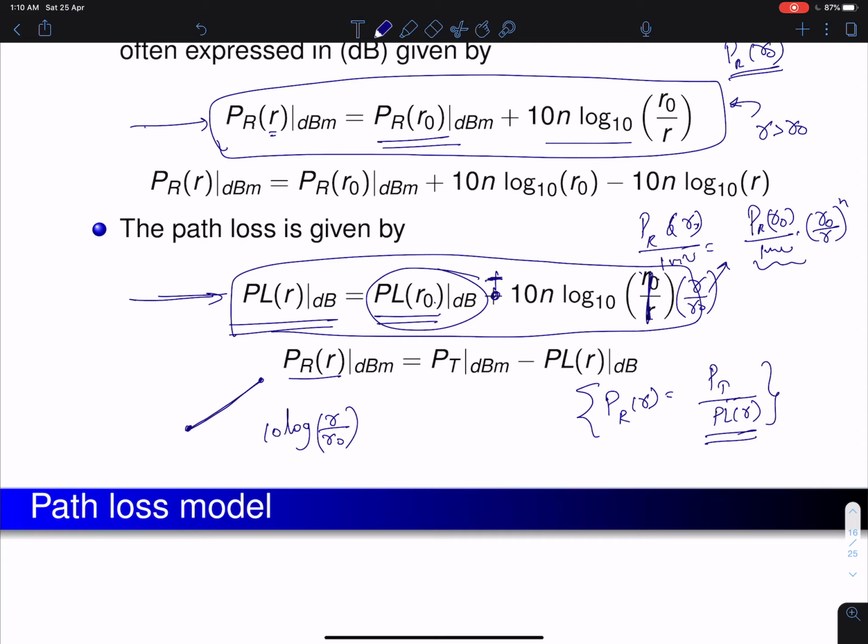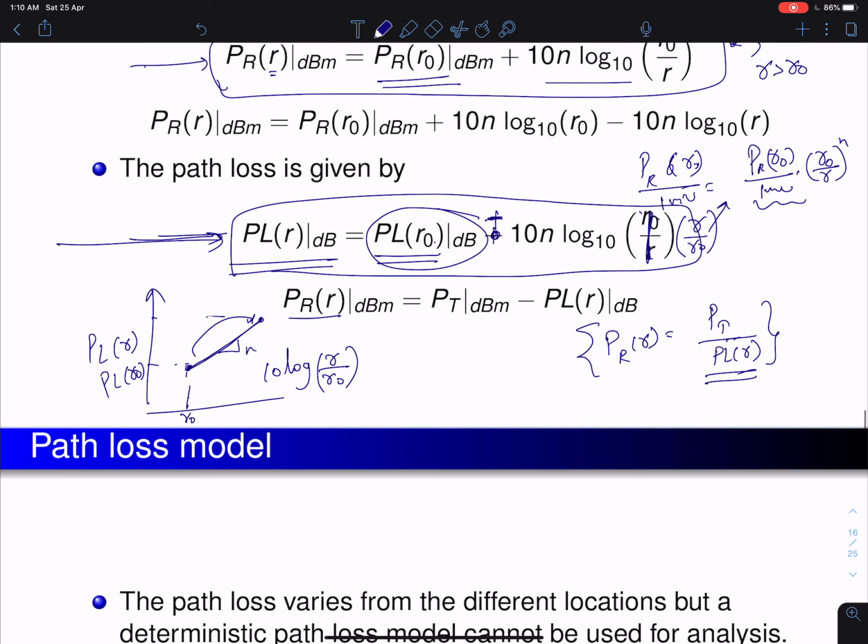I'm plotting path loss as a function of r. At a distance r naught, if you know your path loss, then you can find it at any distance, provided you know the path loss exponent, from this equation. Let me write that equation alone here.